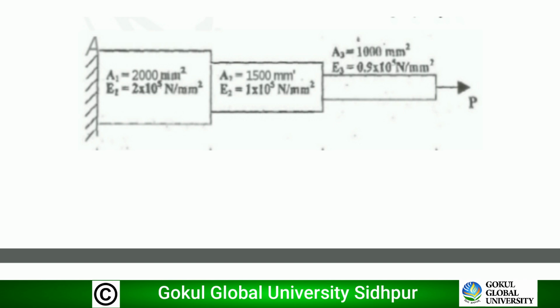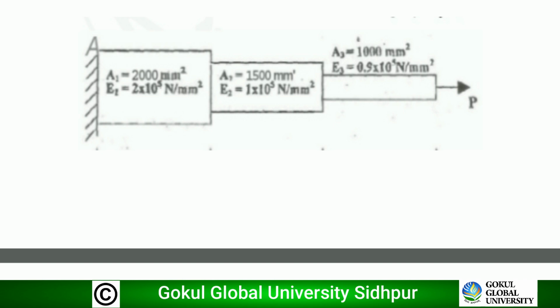Then the reaction force equation: R1 is equal to minus C into Q1.